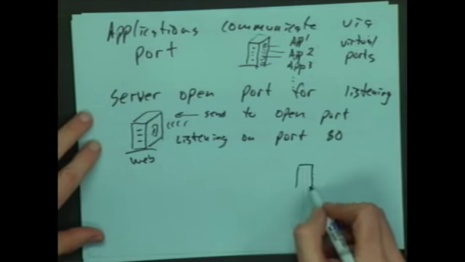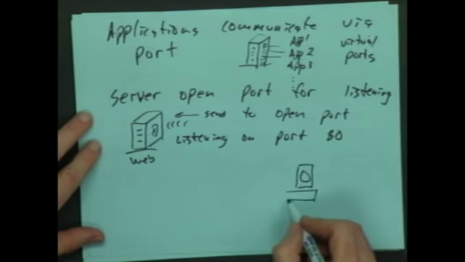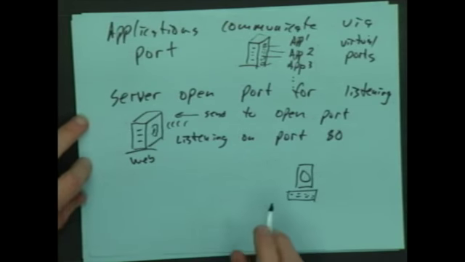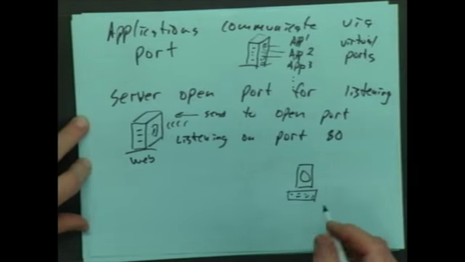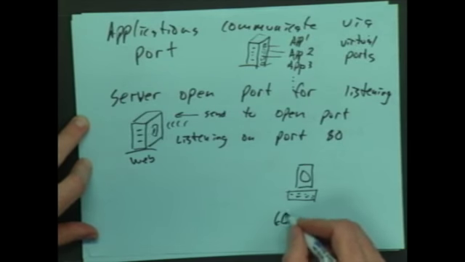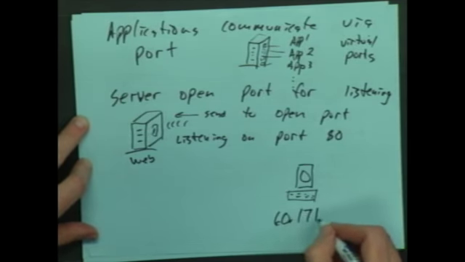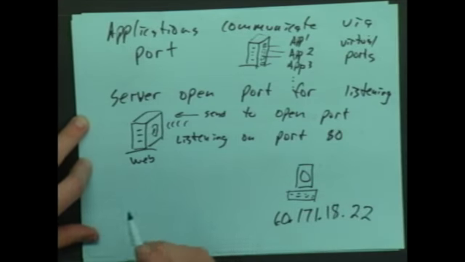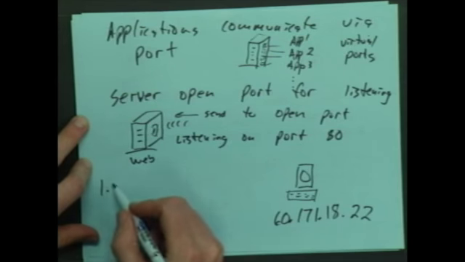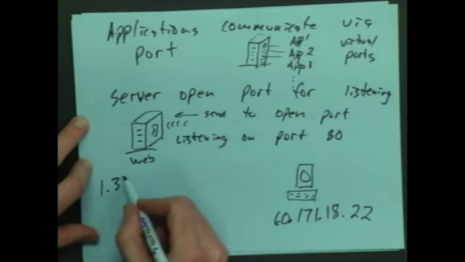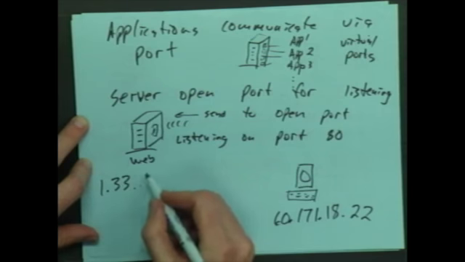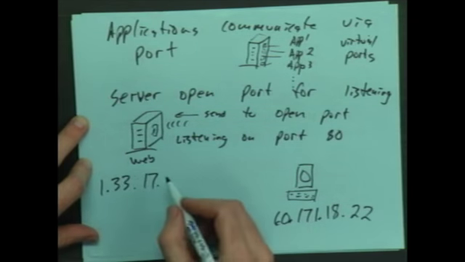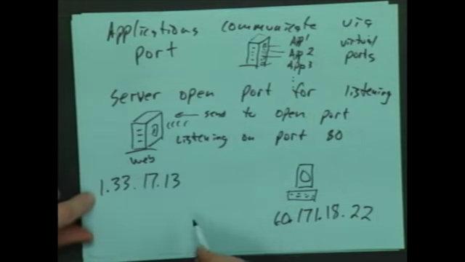If I was a client over here with my computer, looking at the screen, and my computer's IP address is 60.171.18.22, and I wanted to connect to a web server, we remember from last time that the name I typed in just matches to an IP address.